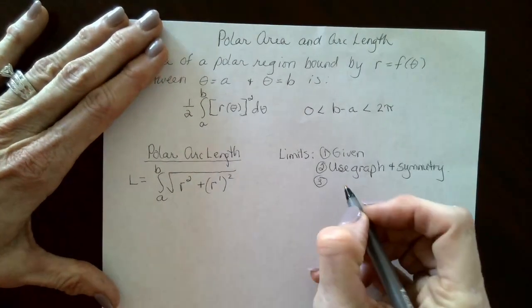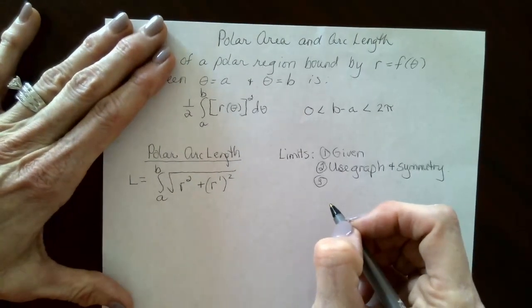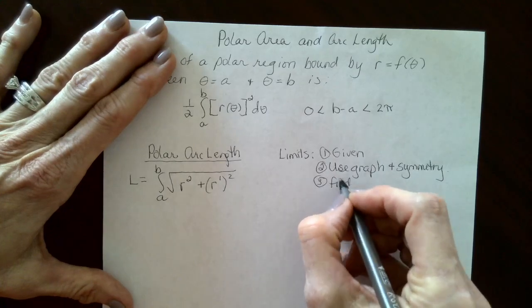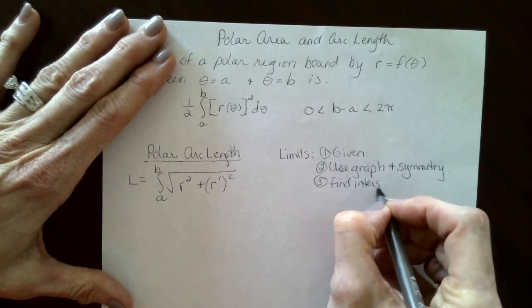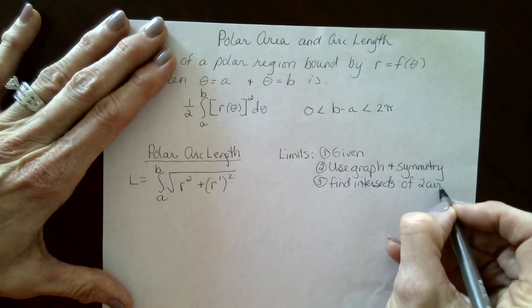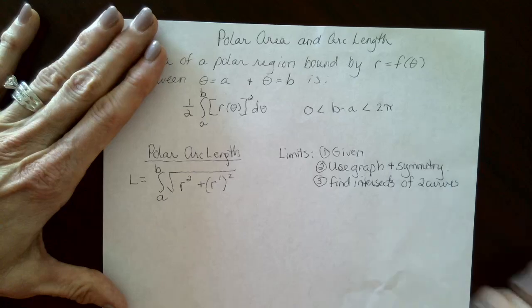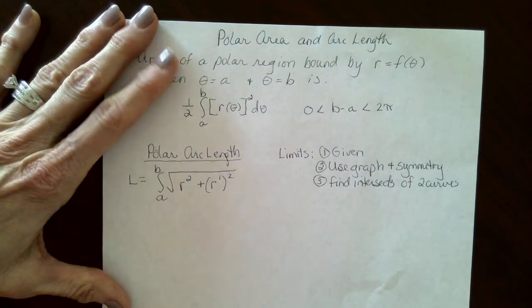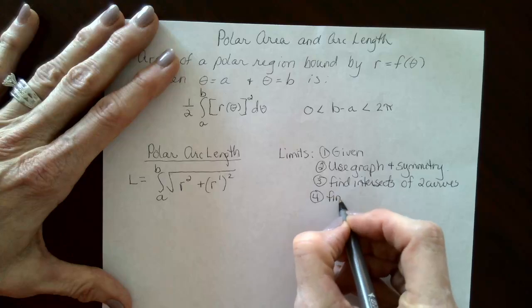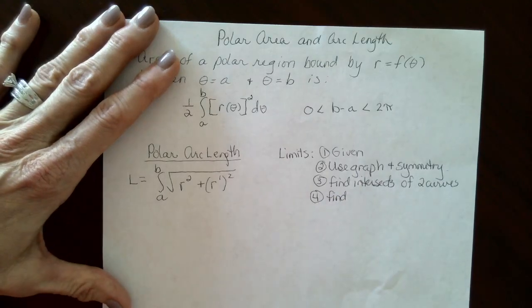Sometimes we're going to have to find the intersects of two curves. And then sometimes we need to find what we call the tangents at the pole.